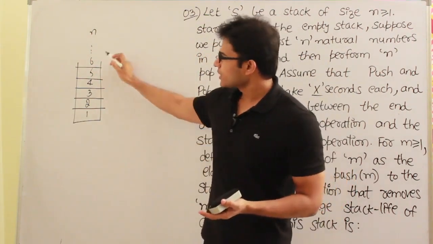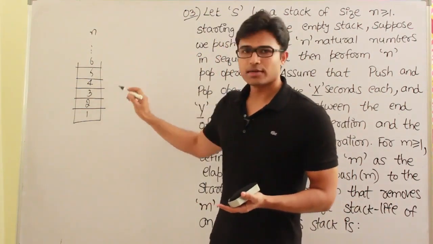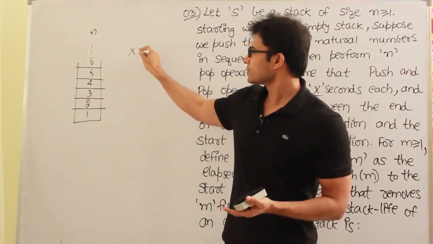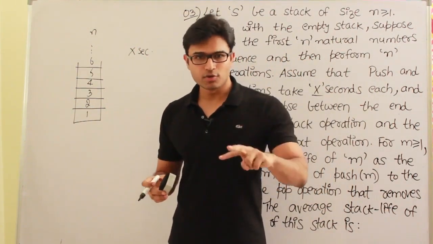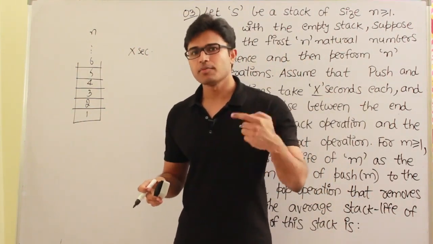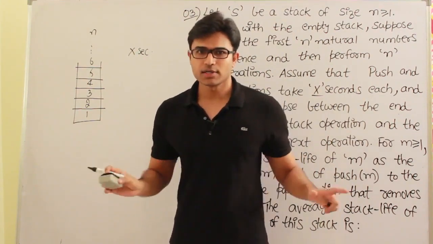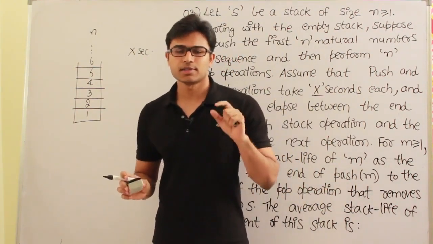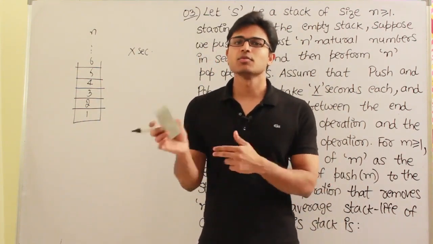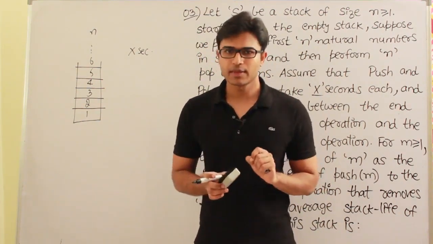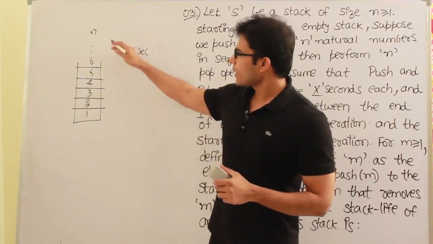In order to push an element or to pop an element, the time taken is x seconds. And between two operations, whether between two pushes, two pops, or a push and a pop, the time elapsed is y seconds, which means we are not going to do two pops immediately, we'll wait for some time. Then they are asking what is the average lifetime.